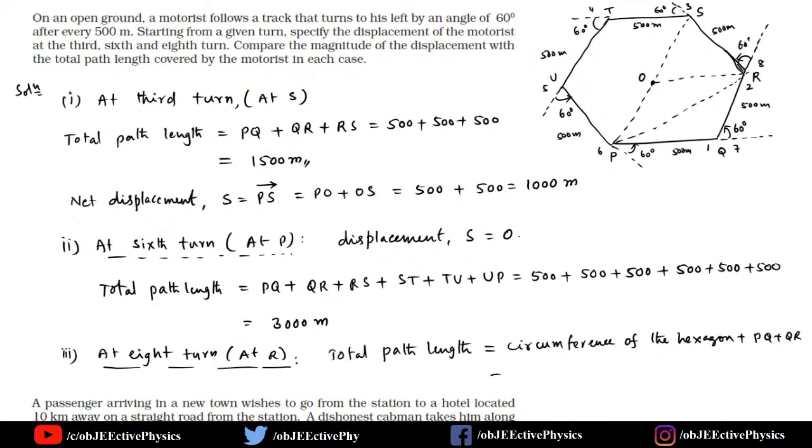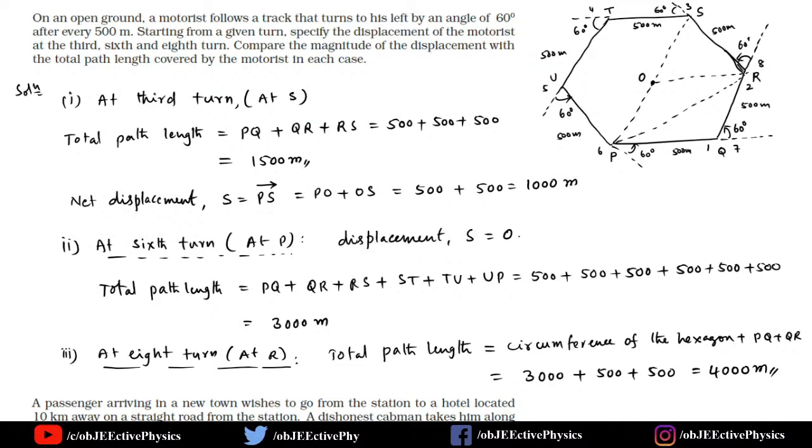So that is equal to, circumference is 3000, 3000 meters plus 500 plus 500. That is equal to a total of 4000 meters. Path length up to 8th turn.